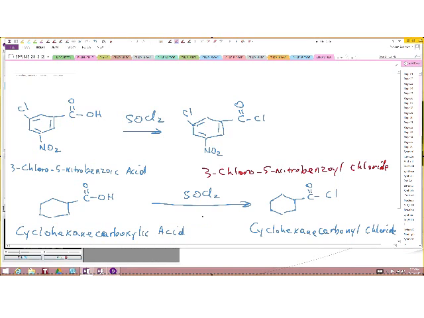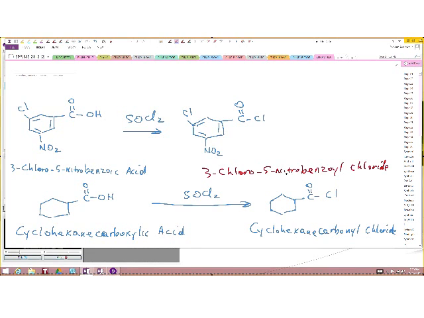That is fairly unique because it is not derived directly from the corresponding carboxylic acid. So anytime you have a ring system attached to the carbonyl, you give the name of the ring system, then add the word carbonyl, one word, and then chloride. That is the only synthesis of the acid chloride that you need to know.